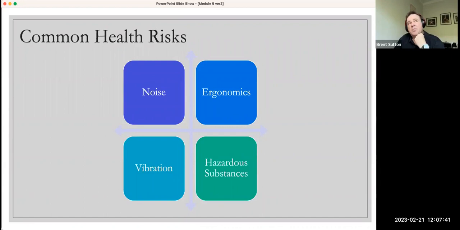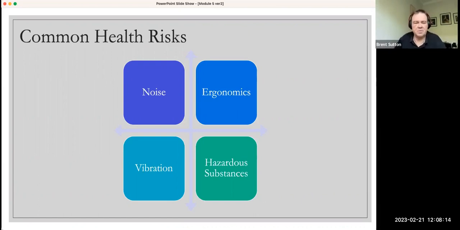For example, in a previous session, we explored a standard for conveyors, and you will see that it lists a whole lot of the health-related risks around a conveyor. But in general, when I think about generic machinery, these are the four most common health risks that I come across: noise, ergonomics, vibration, and hazardous substances. Of course, there's also lighting, but we should always have good lighting.